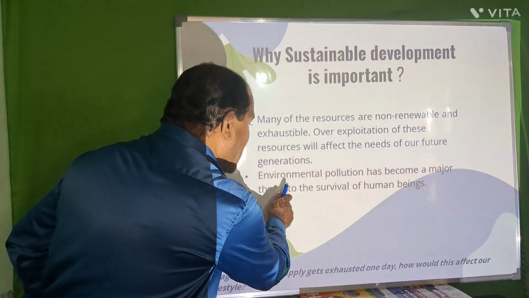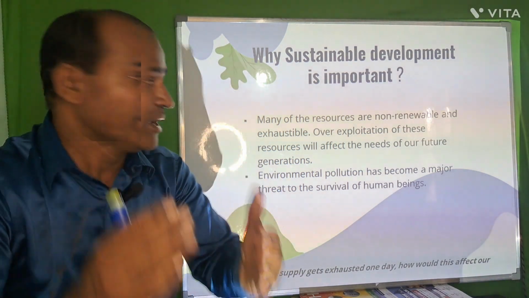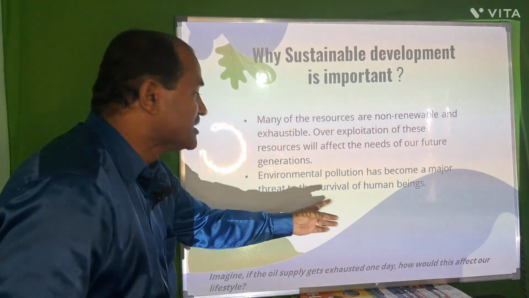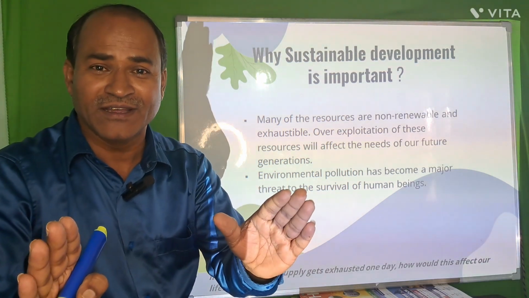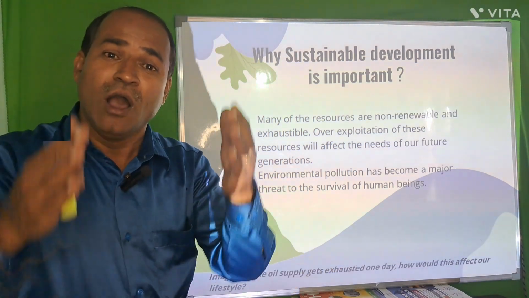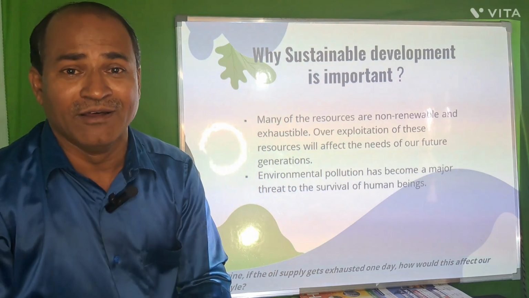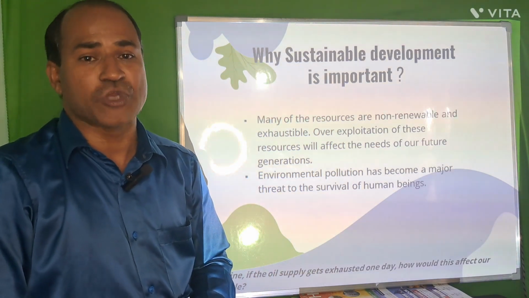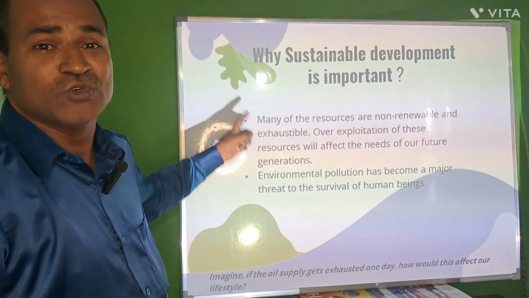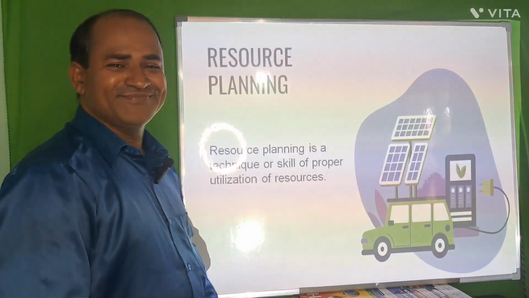Next, environmental pollution has become a major threat to the survival of human beings, not only in one country or two or more, but at the global level. World environmental pollution can be stopped by the judicious use of resources.